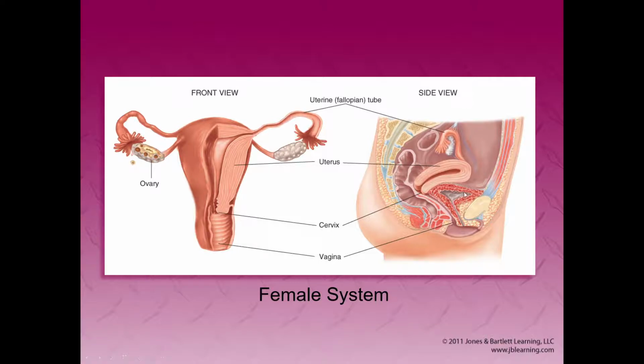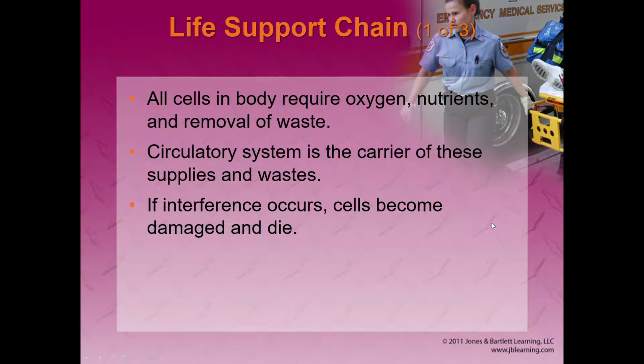And you can kind of see how it lays there in the body. It typically has a forward tilt to it, and it sits right on top of the bladder. The life support chain. So all cells in the body require oxygen and nutrients, and then need waste to be removed on a regular basis, or cells start to get sick and cells start to die.